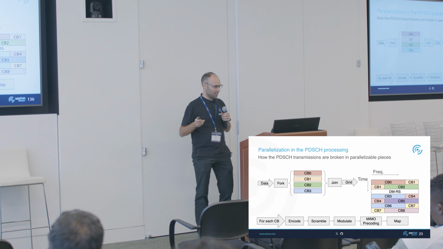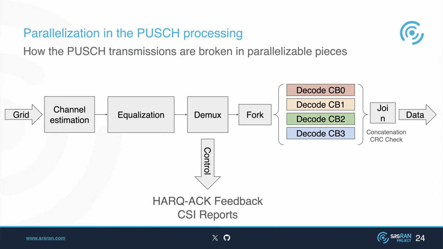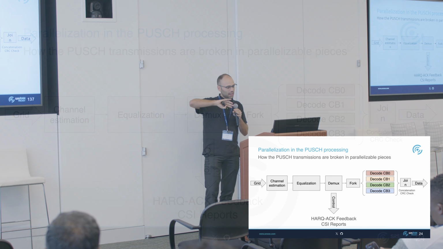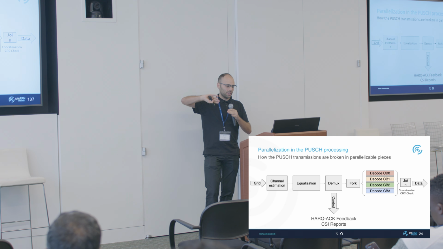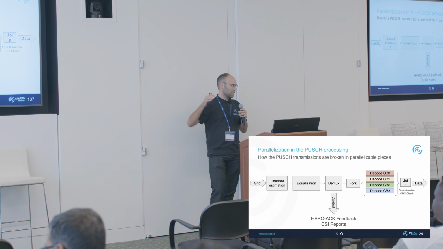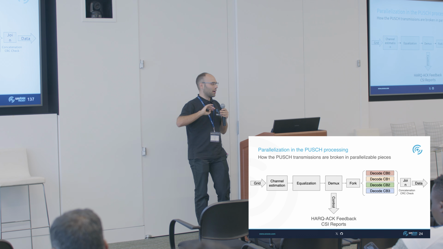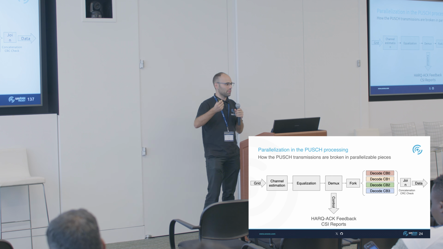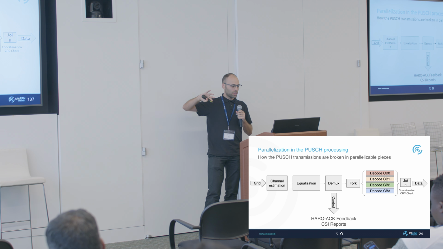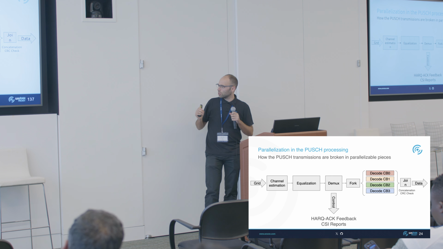Then on the uplink side, we try to do it similarly, but because it has the channel estimation and the equalization before the part where we separate the control and the data, it's really hard to parallelize this part. So we perform the parallelization, the forking, just after the multiplexing of data and control, in the ULSCH multiplexer.